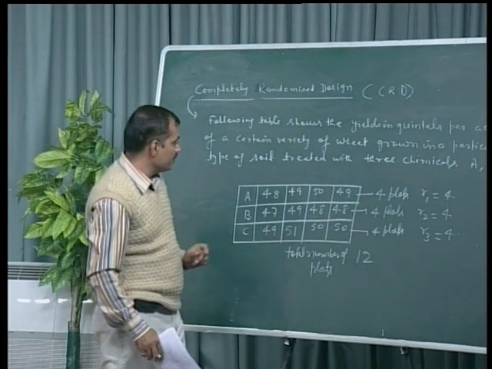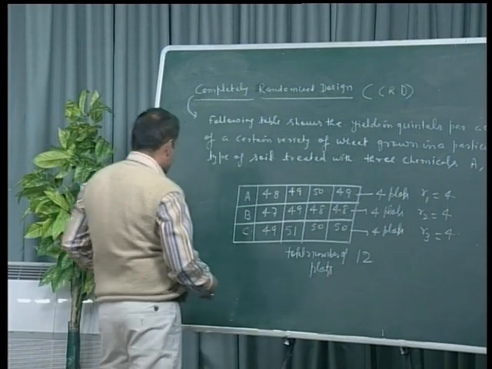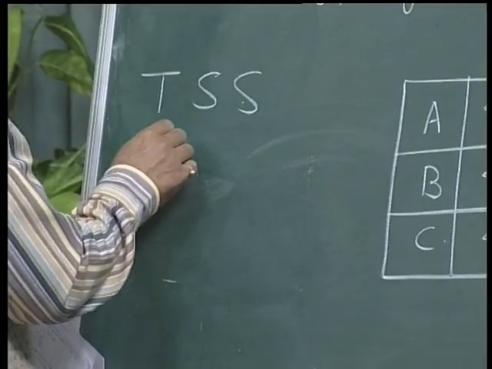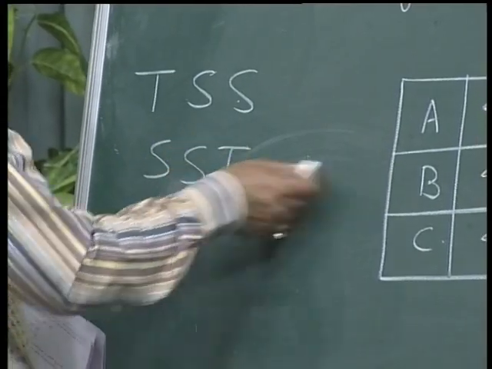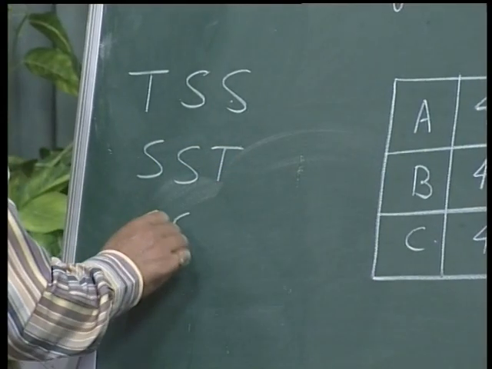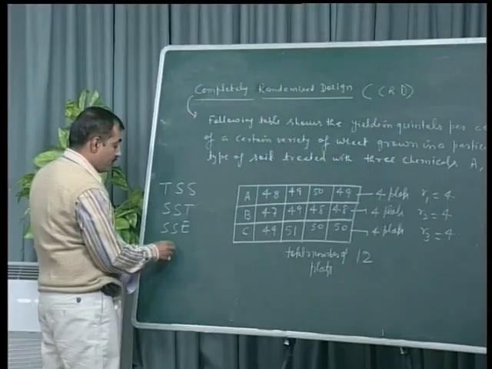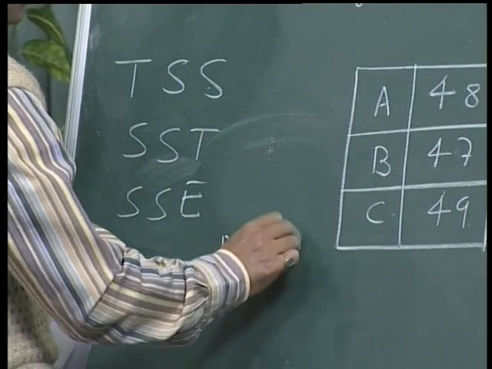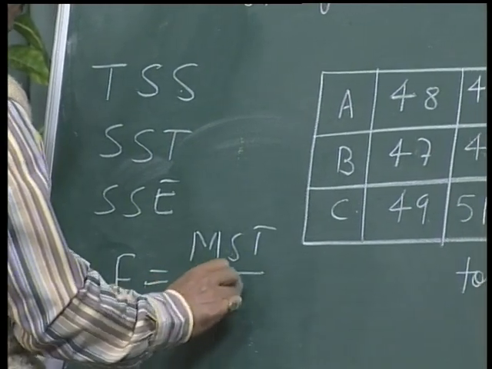Now we find the total sum of squares, the sum of squares due to treatments, that is fertilizers, and the sum of squares due to error, and then we find the value of F as MST over MSE.